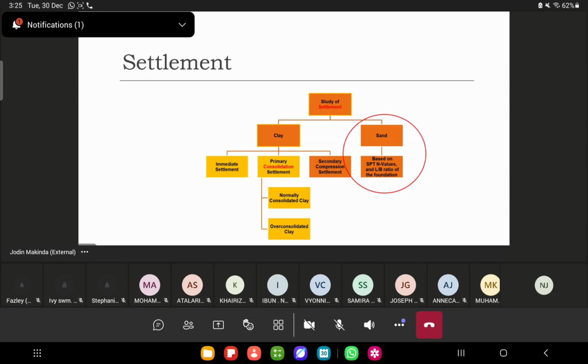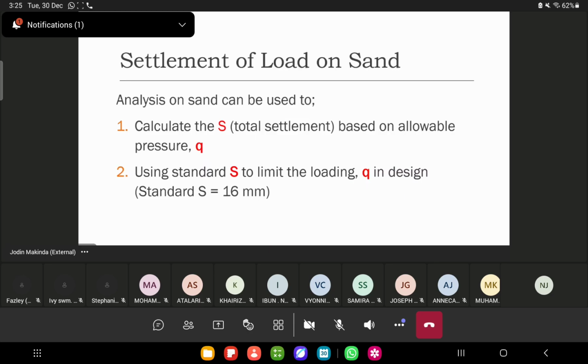These two are the parameters needed for calculation of the settlement in sand. Once you have these two parameters, one is the SPT value, two is the ratio between length and breadth, then you can analyze the settlement on sand using two principles.